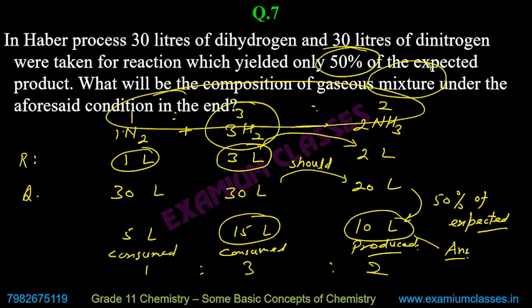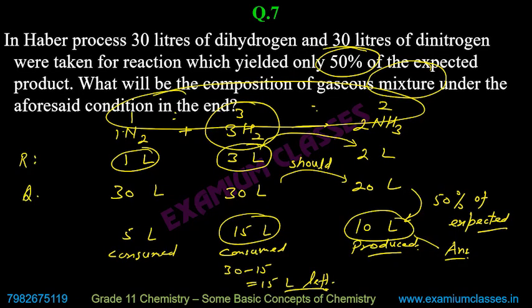And 15 liters of hydrogen used. So how much remaining? What will be the composition of hydrogen? 30 minus 15, that is 15 liters left. The question is talking about the composition of the gaseous mixture after the reaction in the end. So 15 liters of hydrogen will remain unreacted.